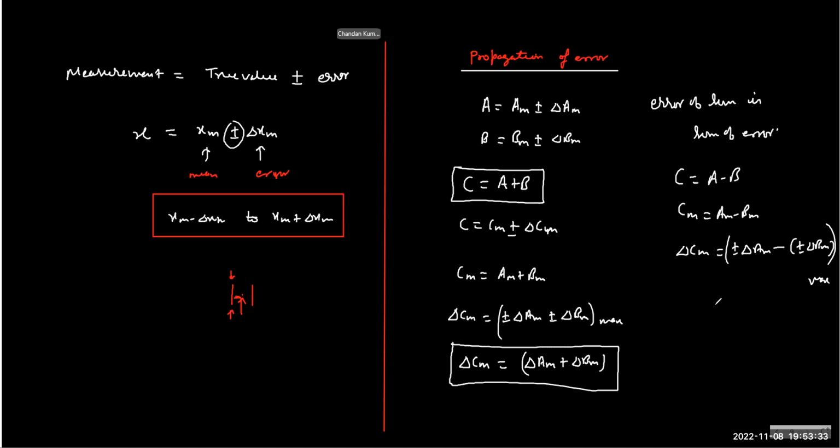So what you realize is, error is always positive. We are still adding the error. Error means the worst case scenario. So even while taking the difference, the worst possible error that we can go through is the summation only. So the error of sum or difference of two physical quantities is always the sum of errors. Understood?